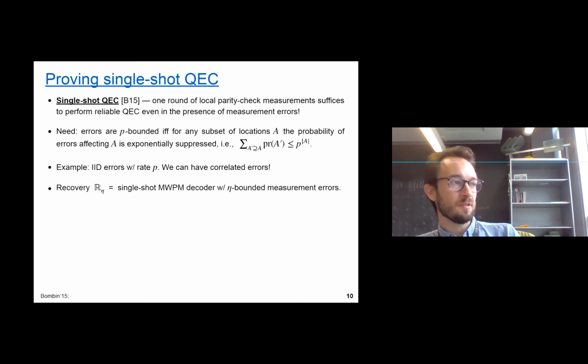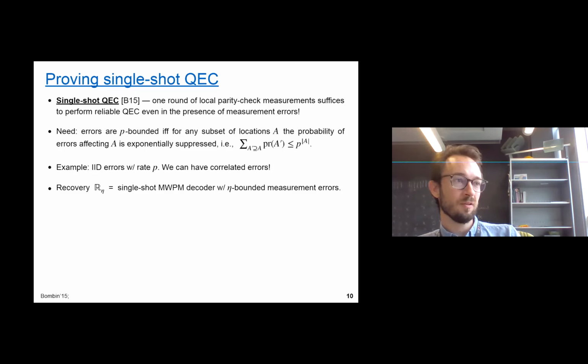So what we have is this recovery channel, R sub eta. This is like a single shot minimum weight decoder. We assume that the measurement errors that are happening are eta bounded. To do this recovery, we have to measure the gauge operators, and we're assuming that the measurement errors that can happen during this process are eta bounded.